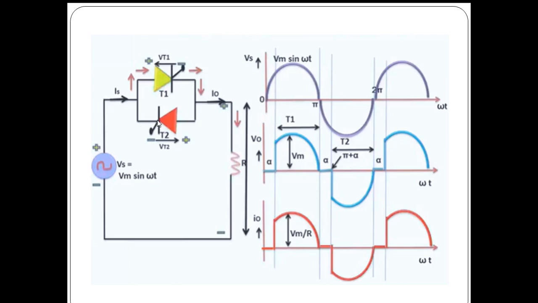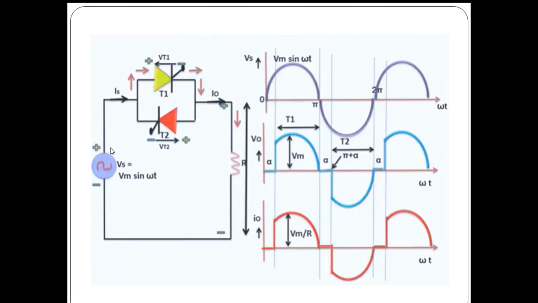Plus will be connected to N type of layer of thyristor T2, so it is reverse biased. Thyristor T1 is subjected to forward bias, but it is not conducting as we have not applied the trigger pulse. We apply a trigger pulse at a delay angle alpha.